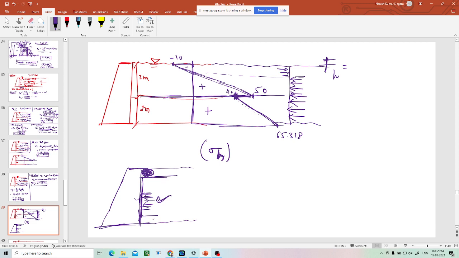That means it is tension. It's a tension force on the wall, you can say. Because of that, the wall will not move because of this small force. But in the end, because of that force, at one point there can be a crack. Now there is a soil, so there can be a crack.